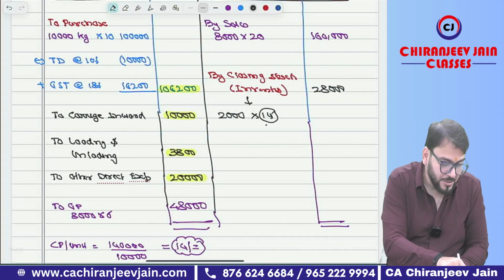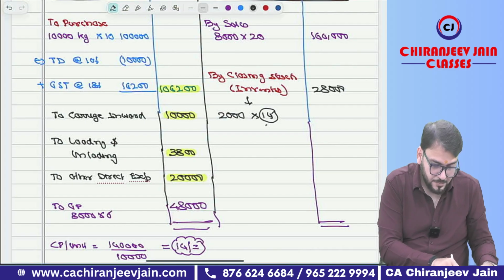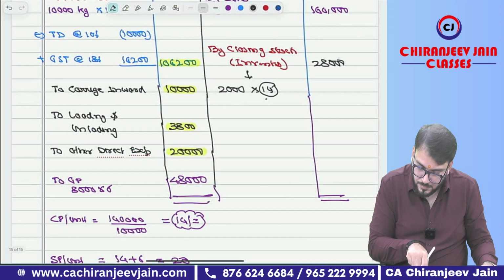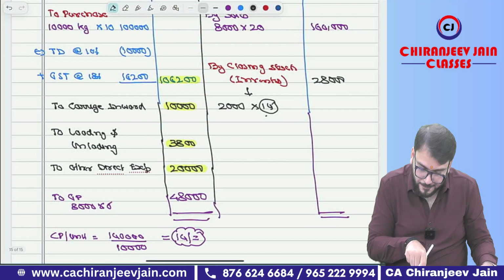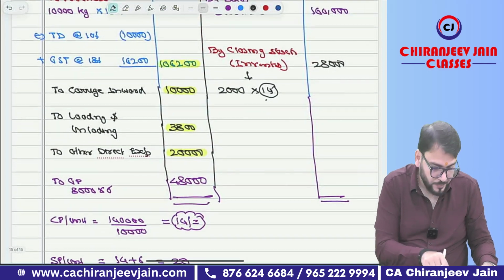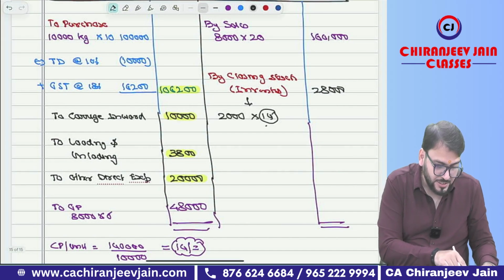It will be 1,60,000 plus 28,000 minus 1,06,200 minus 10,000 minus 3,800 minus 20,000.